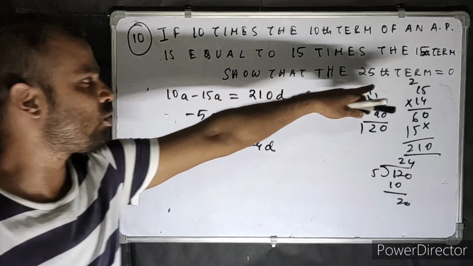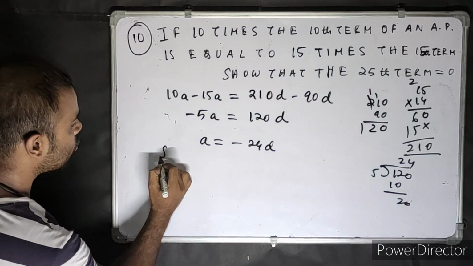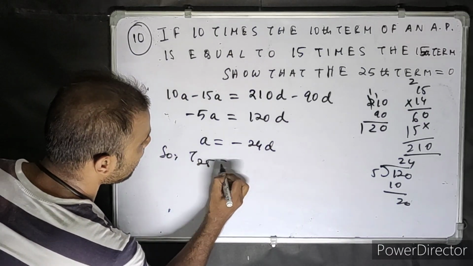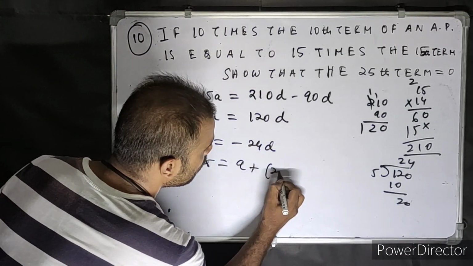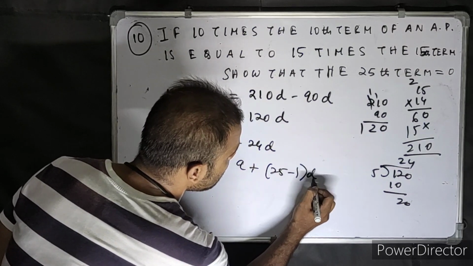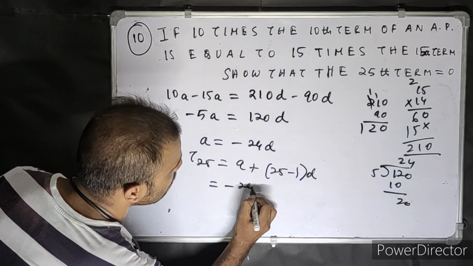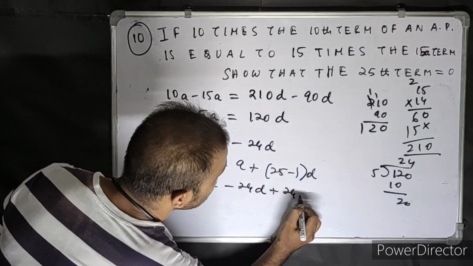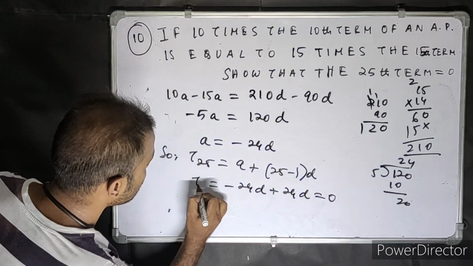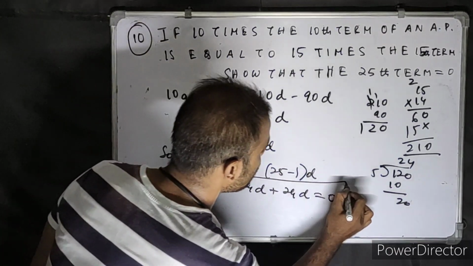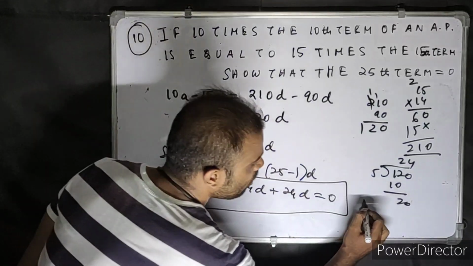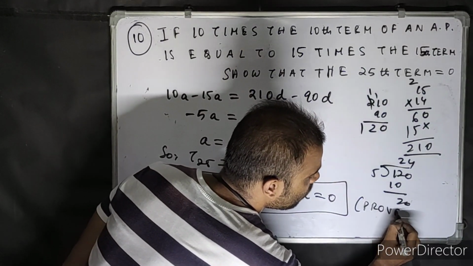Now they are telling you to show the 25th term is 0. So t of 25 is equal to a plus 25 minus 1 d. So that is minus 24d plus 24d equals 0. So t of 25 is equal to 0. And you can write proved here proudly.